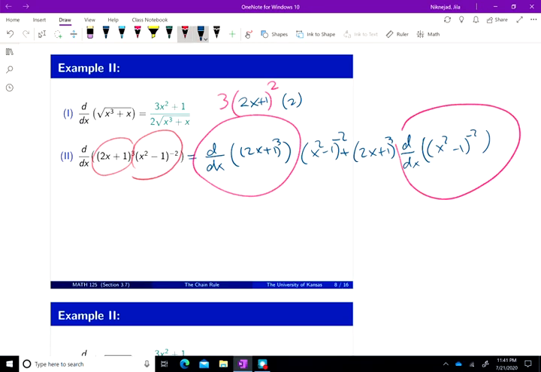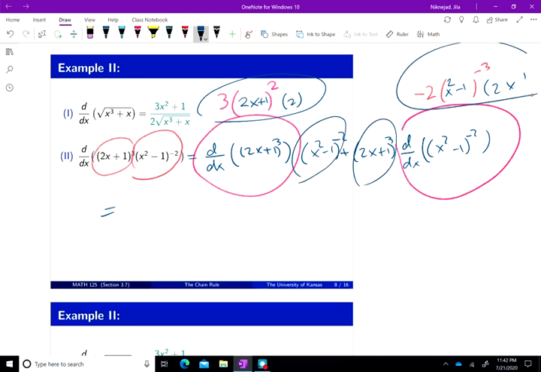Now, in here also, the outside function is u to power negative 2. So the derivative of that is negative 2. Instead of u, put a parenthesis to power negative 3. And then plug in the inside function unchanged. Then the derivative of the inside function, which is 2x. Now, when you write everything down, it's this times that plus this times that.